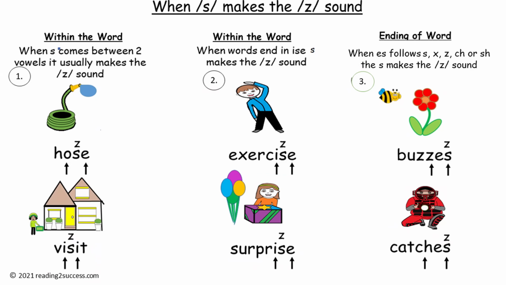The S makes the Z sound. Rule 3 occurs when S is at the end of a word and is part of ES and follows an S, X, Z, CH, or SH. The S makes the Z sound, as in hose.